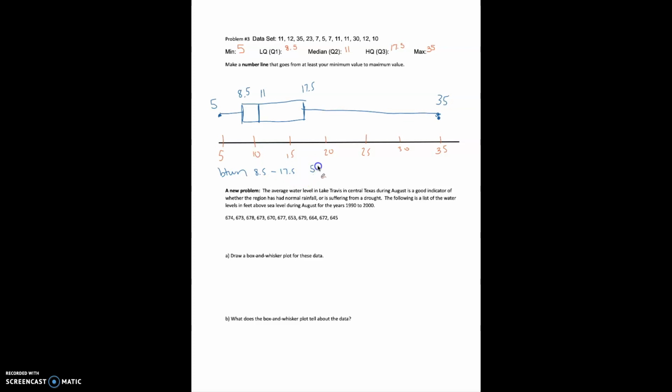You could say it's 50%. If they ask, what percent is higher than 8.5? That would be 75%. So this is some of the ways that you'll be asked questions based upon box and whisker plots.